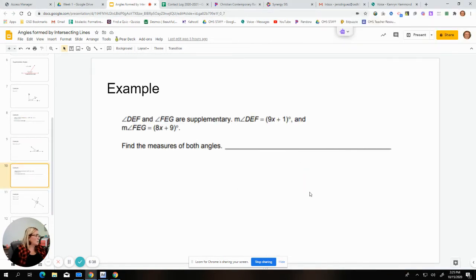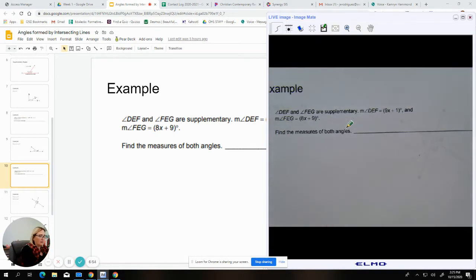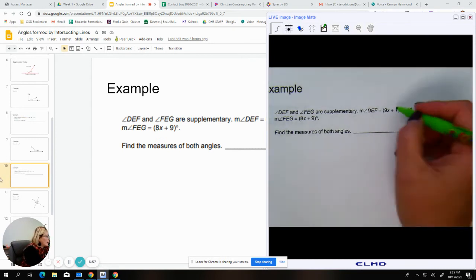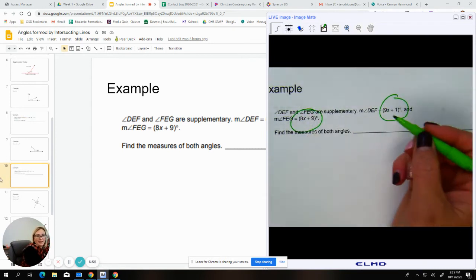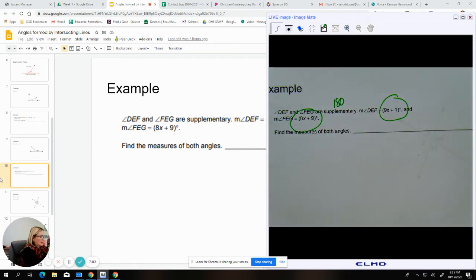So now we're going to do one similar to that complementary one that we did where we had to solve. The difference now is it is going to be supplementary. So we're going to be adding our two values to 180. So we have 9x plus 1 and 8x plus 9, and it has to be equal to 180.